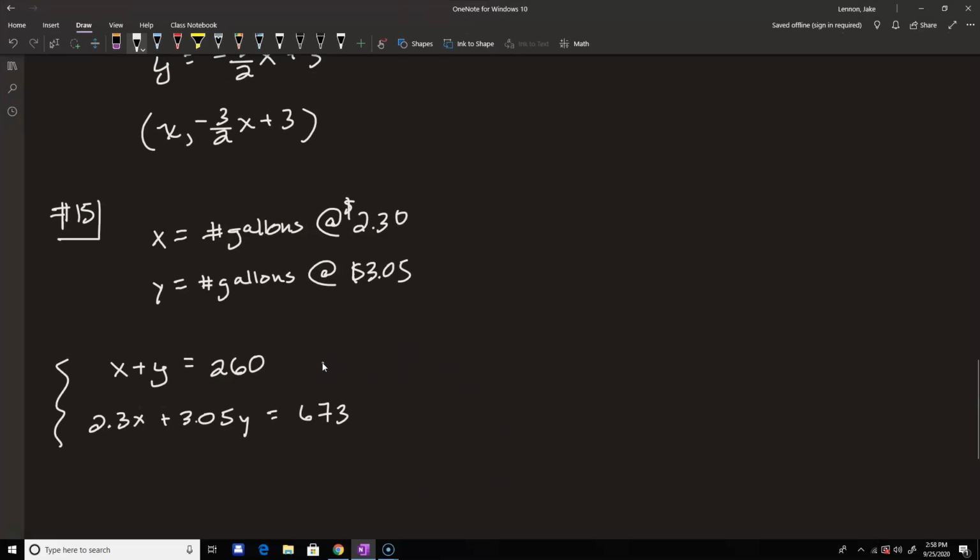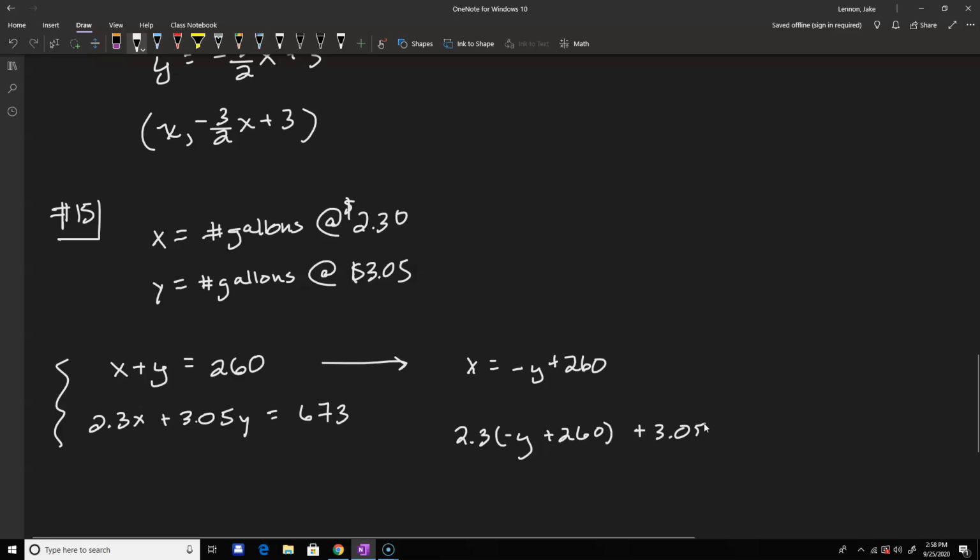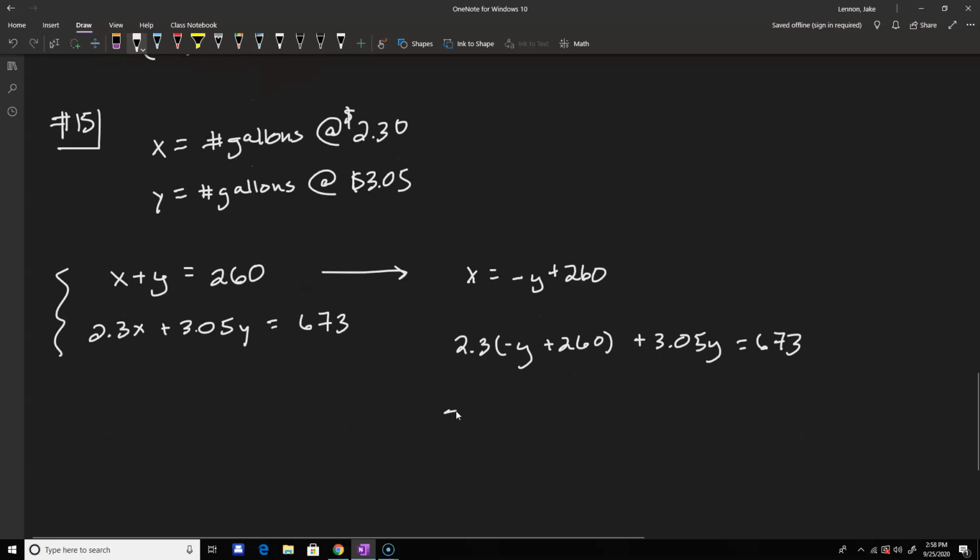Probably it's easiest just to use substitution here. So x could be negative y plus 260. And then we can plug that into the bottom equation. So we'll get 2.3 times negative y plus 260, plus 3.05y, and that equals 673. Let's go ahead and multiply through.